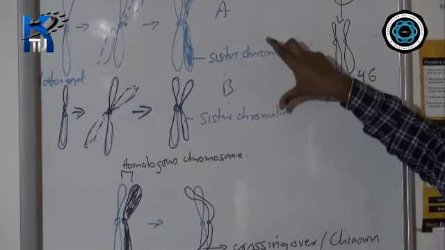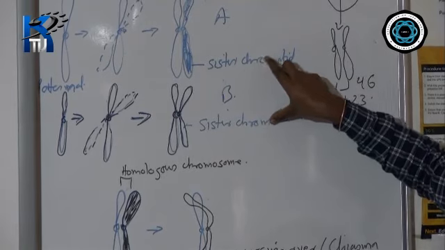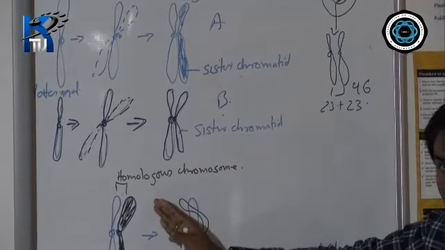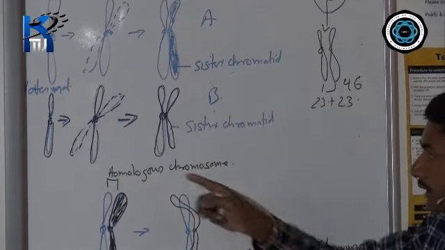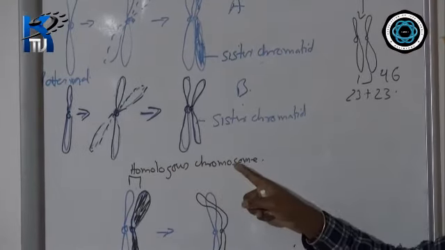Now, when the sister chromatids come together, then you call it a homologous chromosome.